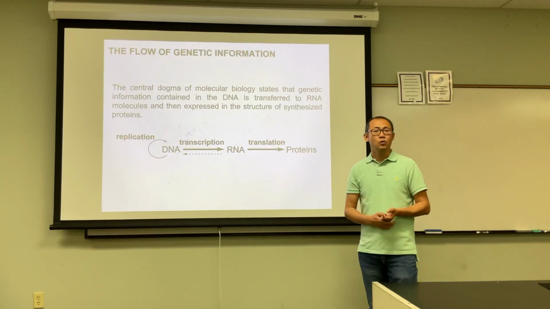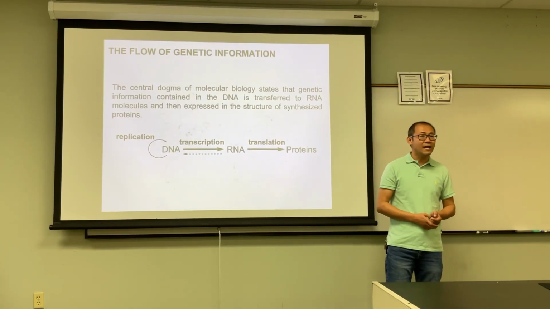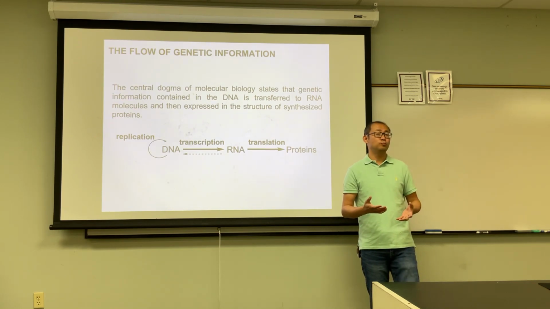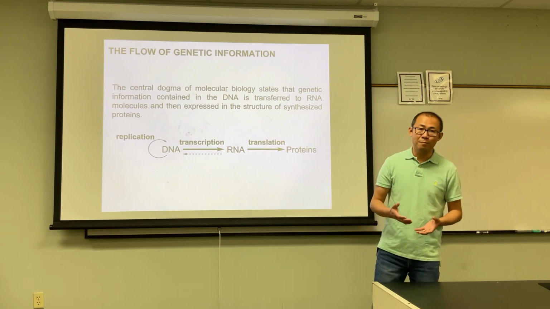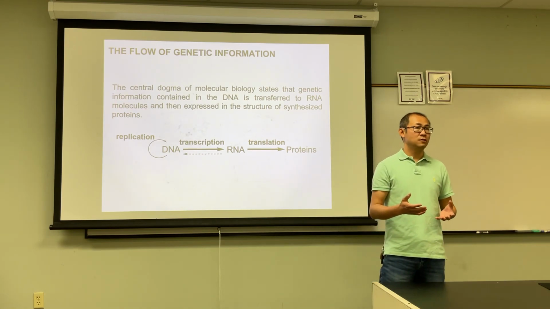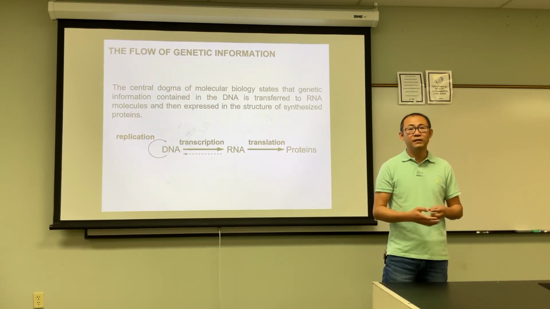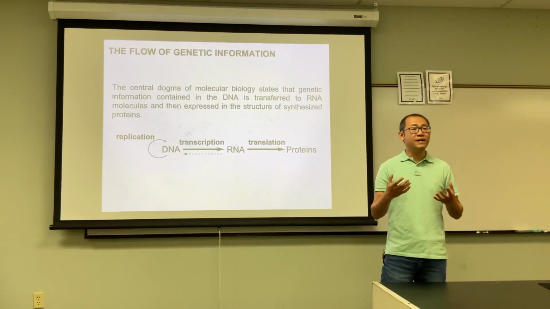Okay, today we're going to take a look at how genetic information becomes protein. Remember, the main function of nucleic acids is to store genetic information. But living things, like humans, are in expression of what? Of protein.